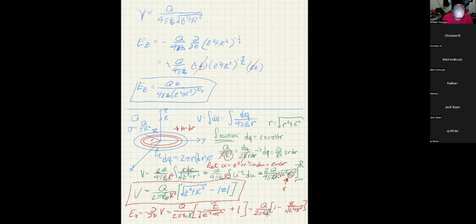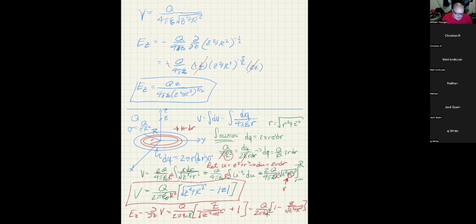So we get the square root of Z squared, and that actually goes off to 0. But if you really wanted to work this out to get a term that wasn't 0, you could do the binomial expansion and show that ultimately this thing starts to act like a point charge where the distance is r squared.